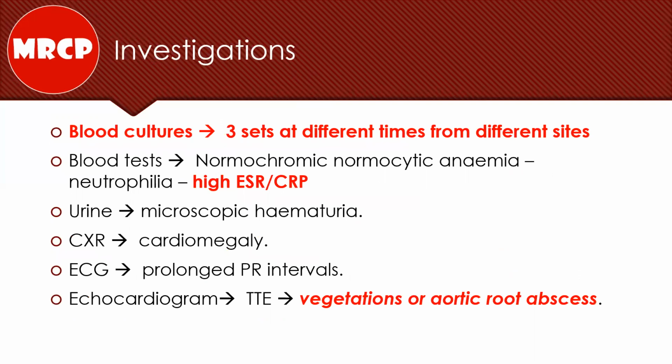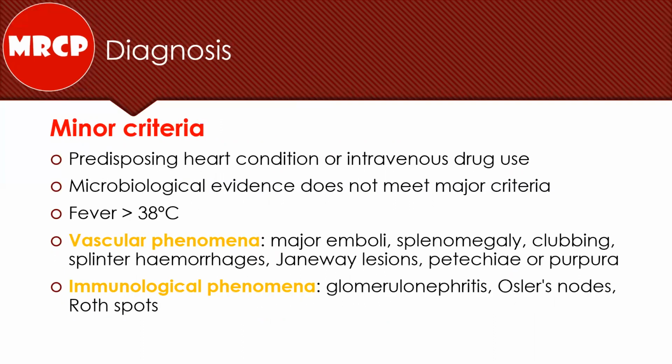You have to know that in doing investigation for a patient with infective endocarditis, he should have a blood culture. Oh, sorry, before that, we have to do the minor criteria. Minor criteria include a predisposing heart condition, as I told you, the clinical context that we have discussed before, or intravenous drug abuse.